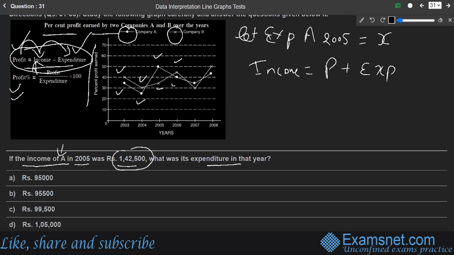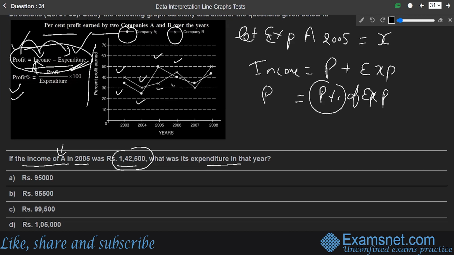For finding out the profit, how can we calculate? Profit can be calculated as P percent of expenditure. What is P percent? P percent is the profit percent value in the line graph for company A in 2005.